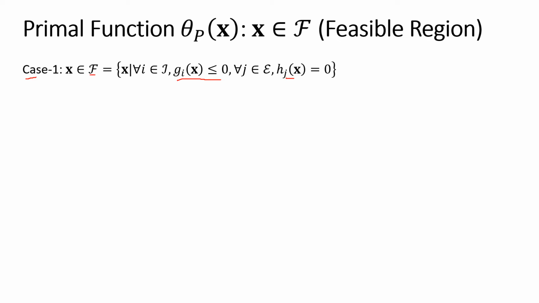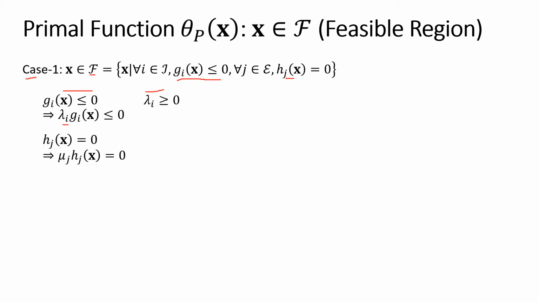Let's look at the inequality constraints first. gi of x is less than or equal to 0 in the feasible region, and lambda i must be greater than or equal to 0. So gi and lambda i are of opposite signs. Their product, lambda i gi of x, must be less than or equal to 0.